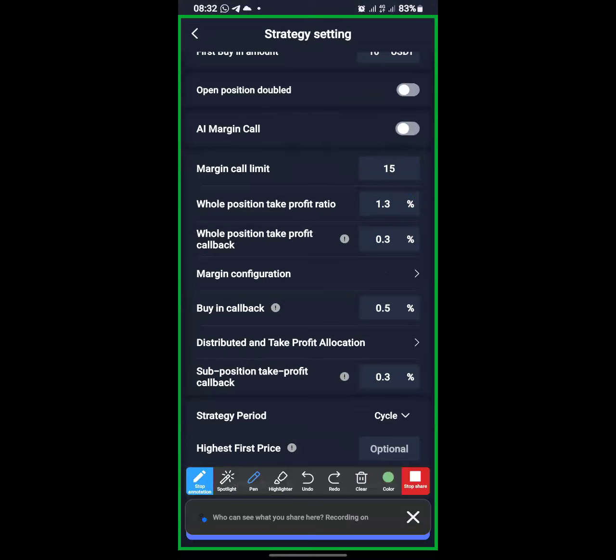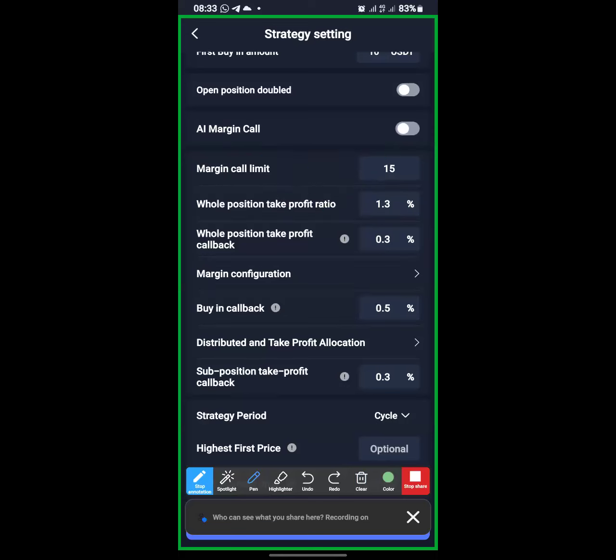If you're trading sub positions, this 1.3 sells the first 4 margin calls because they are not sub position. Then we've got the callback. I said the whole position take profit callback is an additional percentage to what you've set here. So this means that if you leave it like that, it will sell at 1.3 plus 0.3. That's what it will sell.